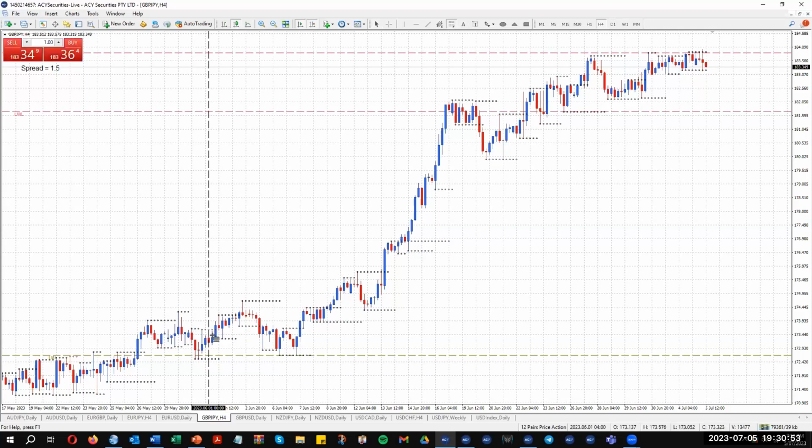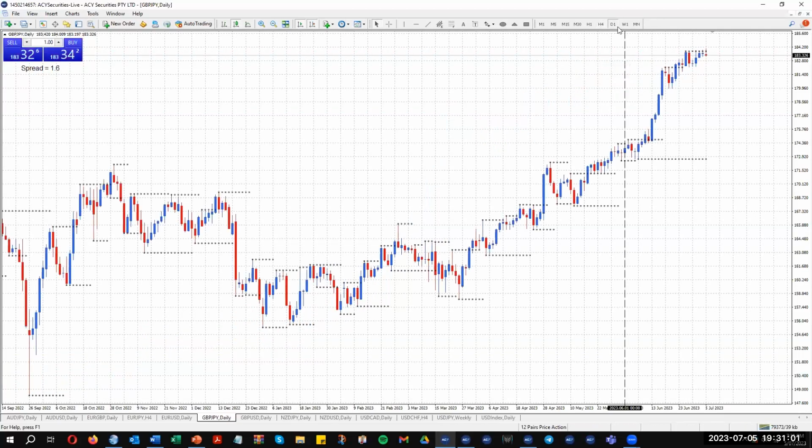Now we started here in the new month. If we go to the daily chart here, it doesn't quite pull back to a level of support, but it keeps the higher bottom formation forming here.